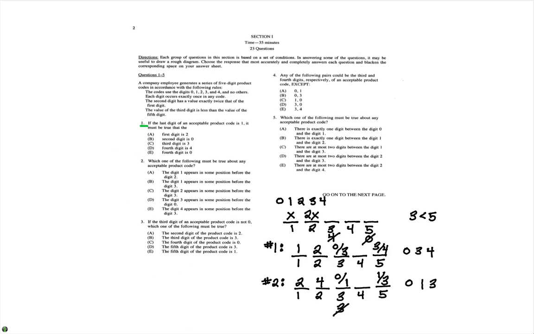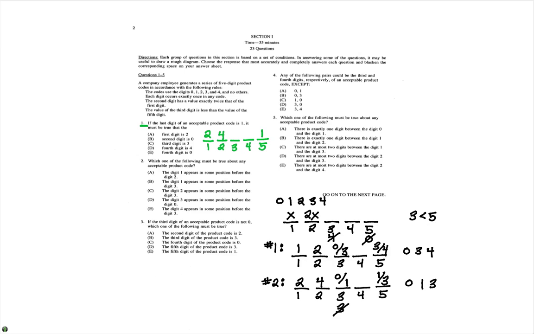Question 1. If the last digit of an acceptable product code is 1, it must be true that the, well, let's draw a quick hypothetical here. If the last digit is 1, so the fifth digit is 1, automatically we know we are in scenario 2, which means that 2 must come first, exactly twice that being 4 coming second.